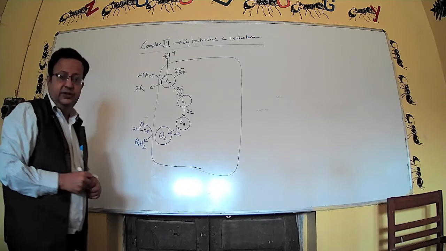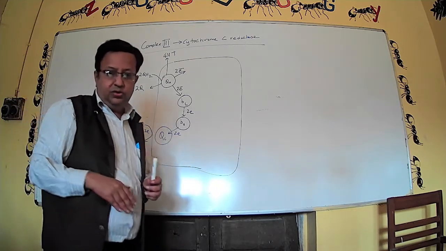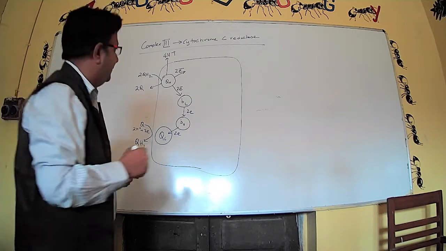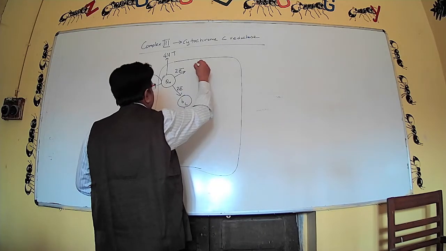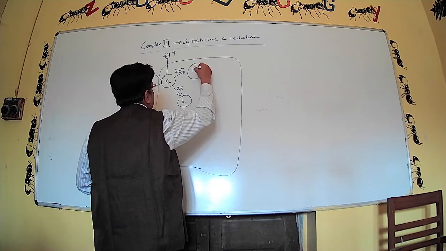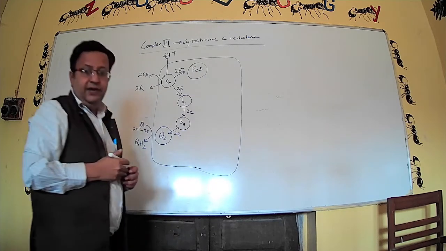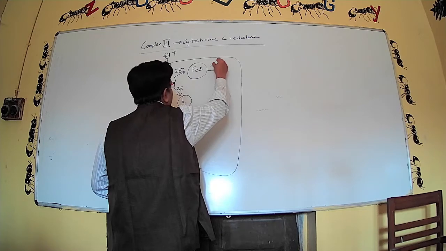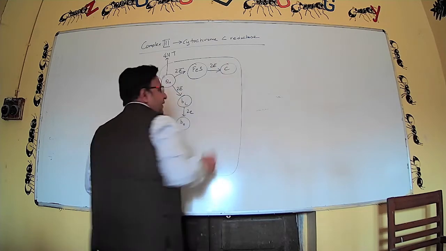Okay, two electrons. The other two electrons will go to an iron sulfur center, FeS. Then it will go to the C1 center, cytochrome C1 center, the real enzyme center.